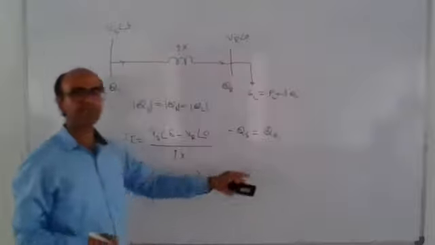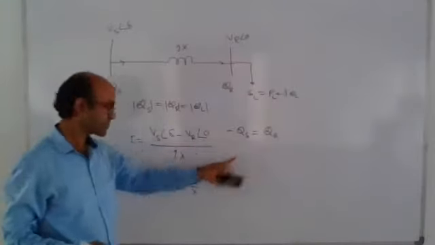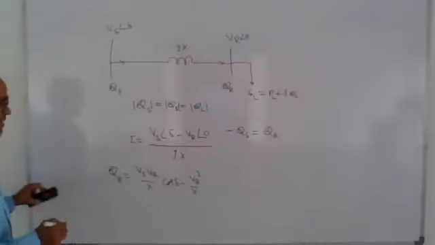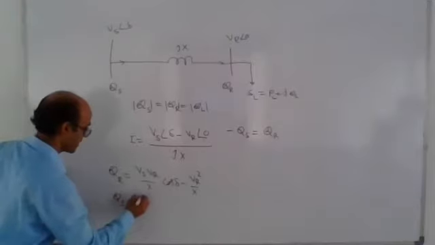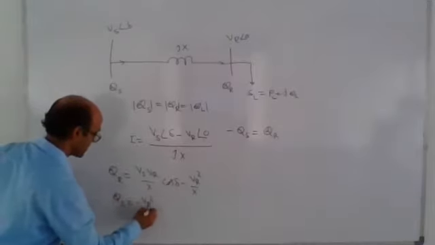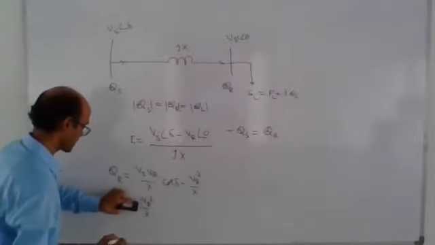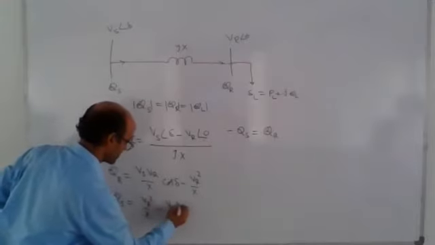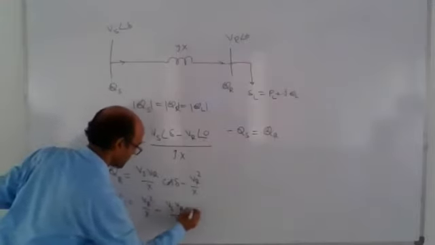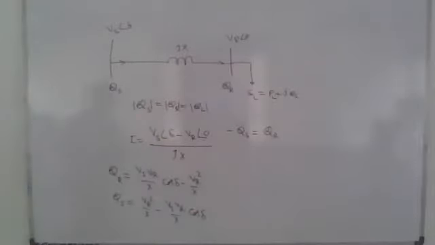If you take incoming as positive, outgoing as negative, then this relation will hold. So by using this relation, what is QS? Minus VR square by X, plus, because we are multiplying, minus VS VR by X cos delta. Can we write in that way?